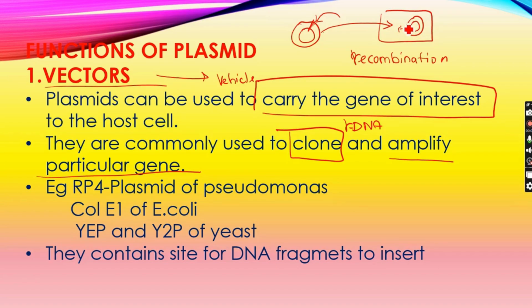After a certain time, it is going to produce many plasmids by its autonomous replication so that it can amplify the particular gene. Therefore, common plasmids used as vectors are the RP4 plasmid of Pseudomonas, ColE1 of E. coli, and YEp of yeast. Yeast can also contain plasmids.